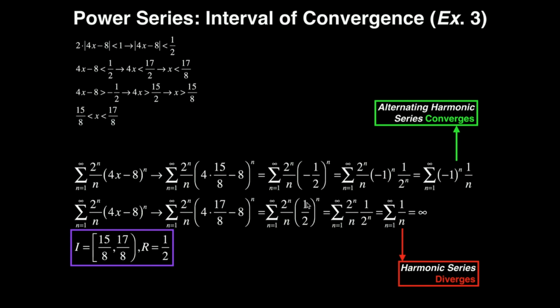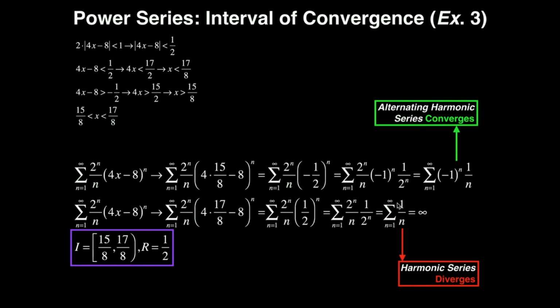We can break this up. 1 to the n power doesn't do anything, that's just 1. But the denominator, 2 to the n power, we get a 2 to the n power down here. So our series becomes, from n equals 1 to infinity, 2 to the n over n times 1 over 2 to the n.